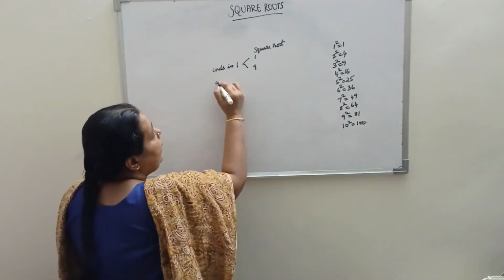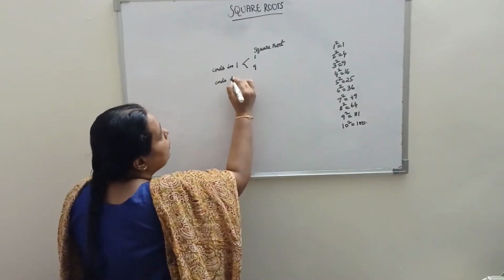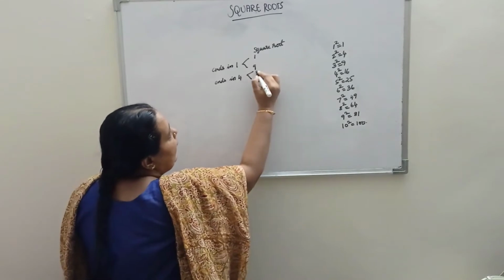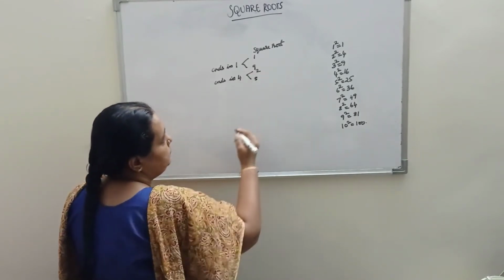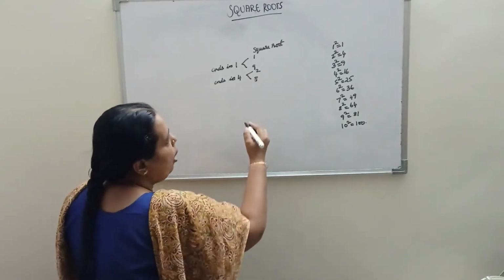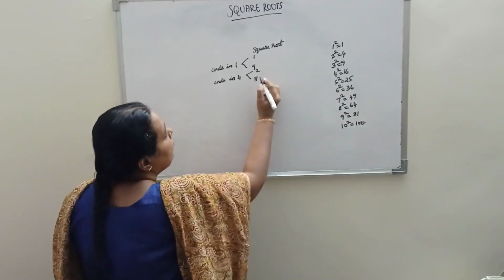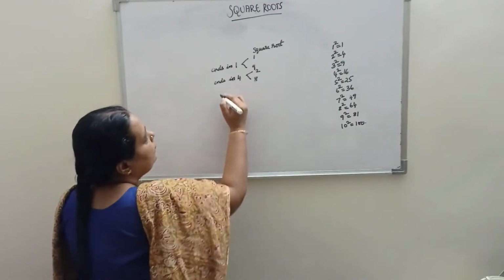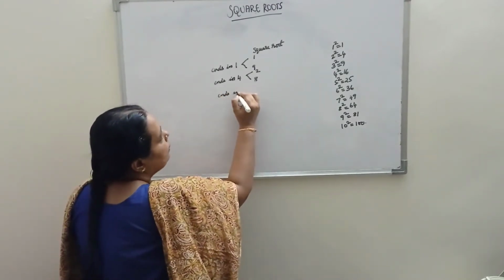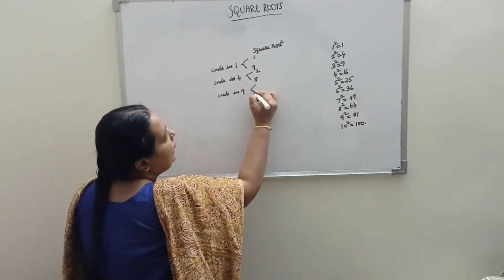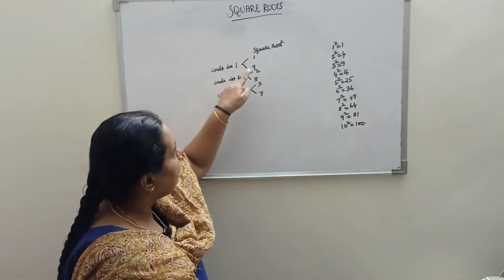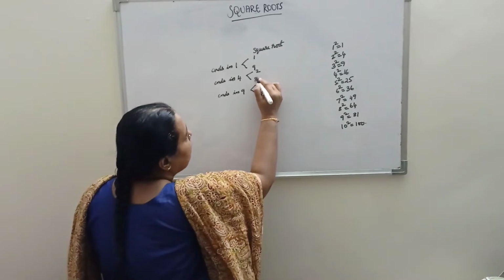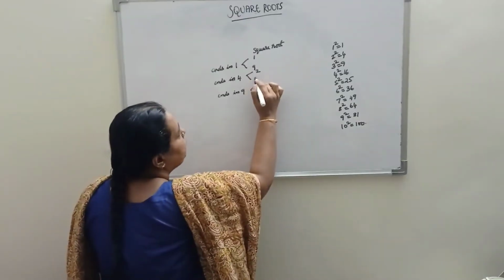If the number ends in 4, the square root will end in either 2 or 8. If the number ends in 9, the square root will end in 3 or 7. That is 1 and 9, 2 and 8, 3 and 7.